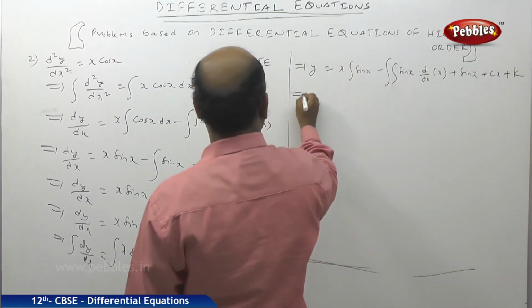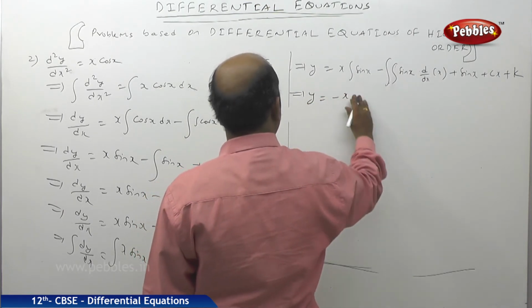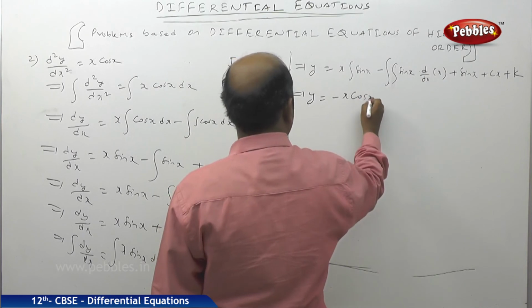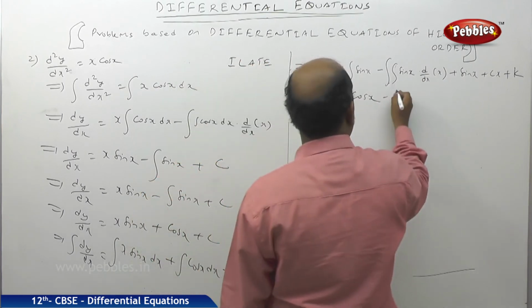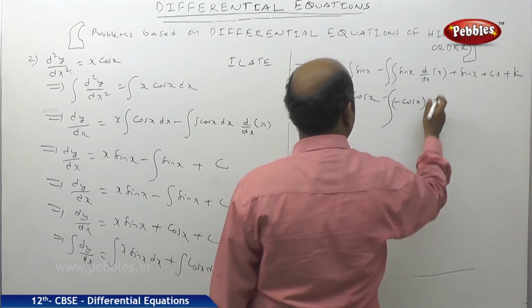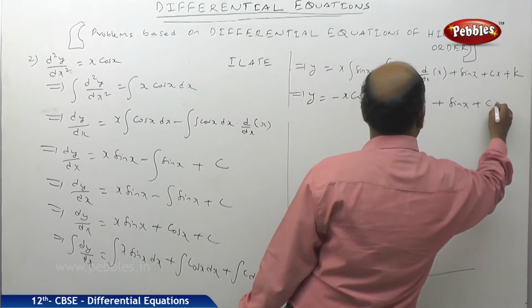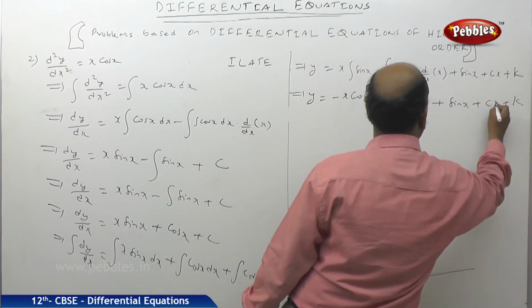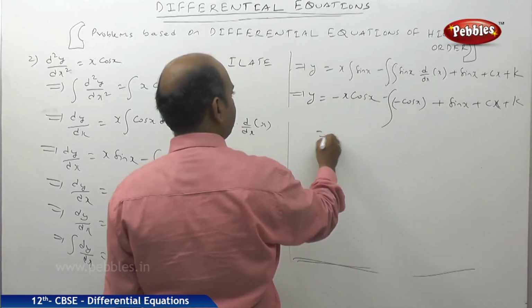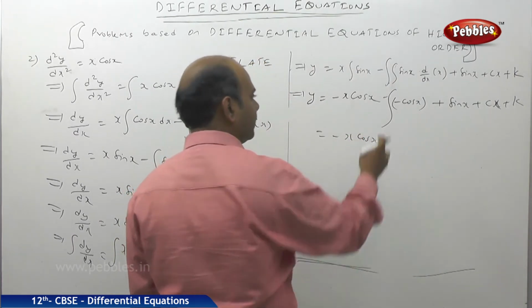So what happens finally? y is equal to x into integral of sin x. Integral of sin x means minus cos x. Minus integral of sin x means what? Minus cos x. d by dx of x means 1, plus sin x plus cx plus k. So finally what happens? Minus x cos x. Integral of cos x will be sin x.